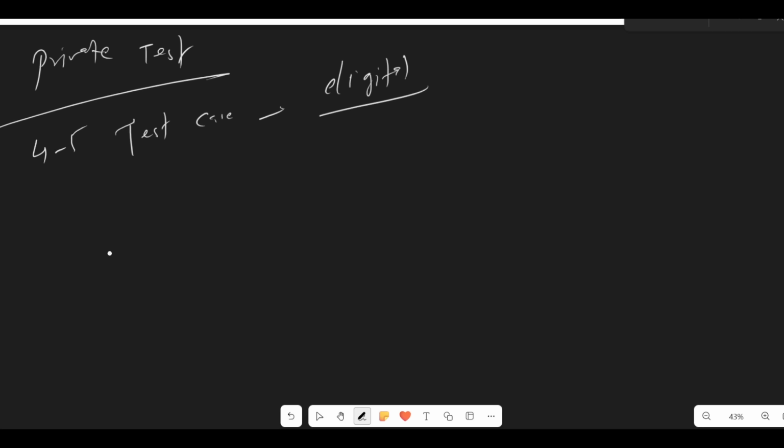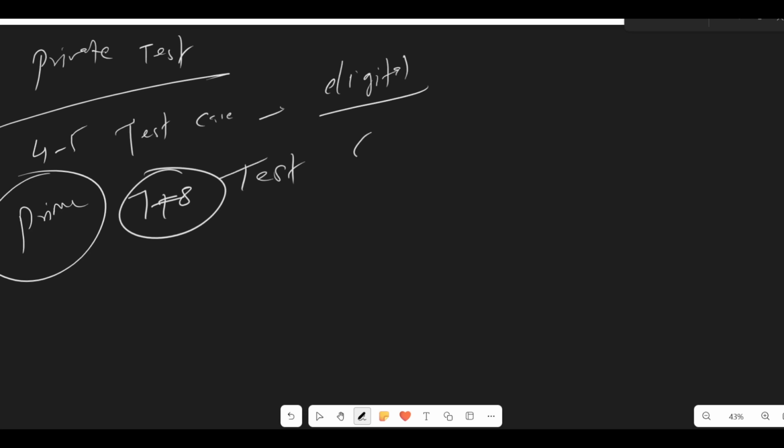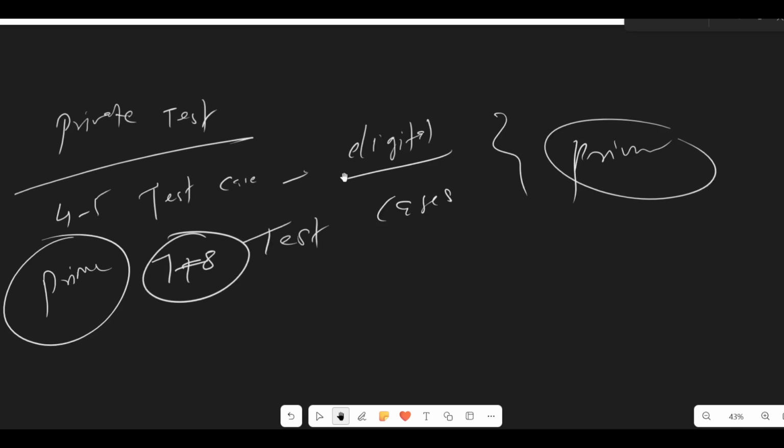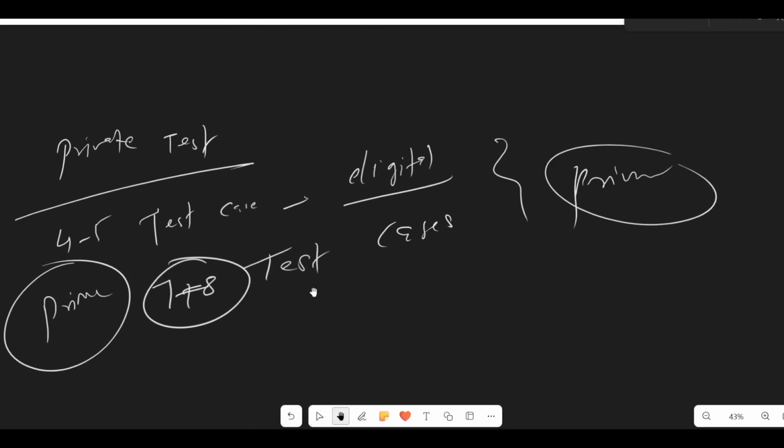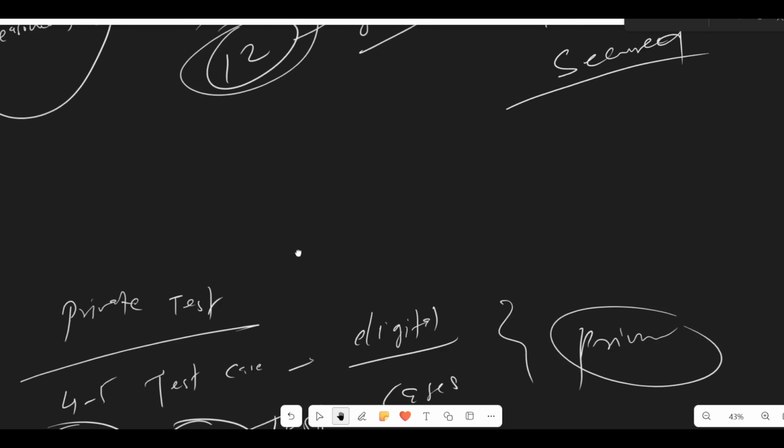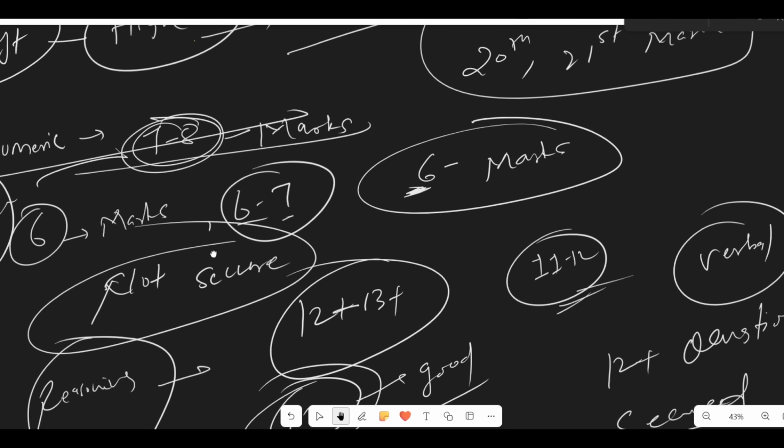But for this shift, if you want to get prime, the cutoff for prime can be a little bit high, around 7 or 8 test cases should be there for prime. This will be my prediction for this shift, because compared to other shifts, the questions were easy in the foundation, and for the coding questions I also got positive feedback from most of the students. So that will be my prediction.